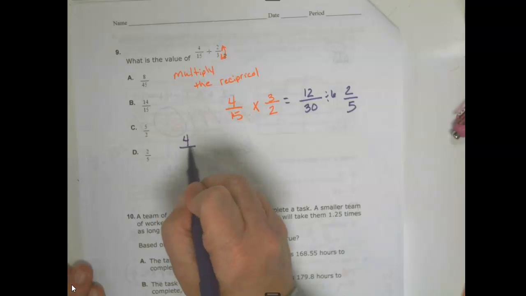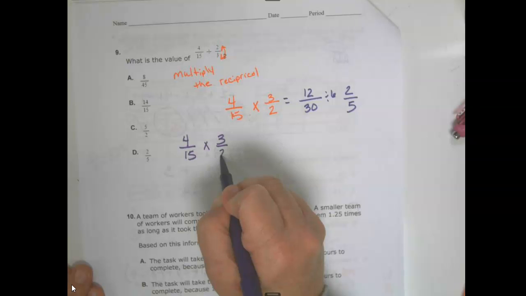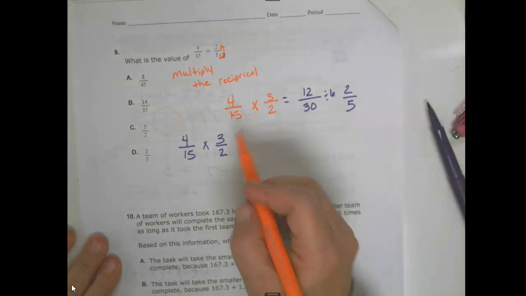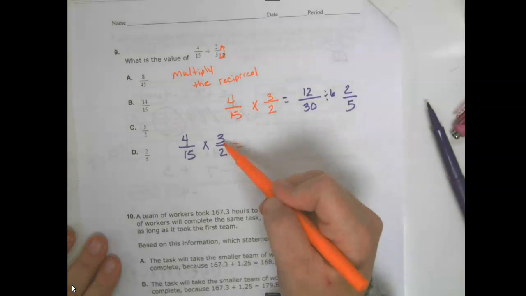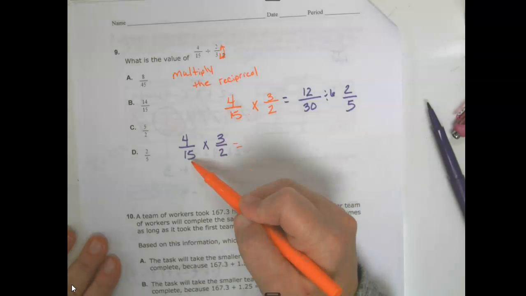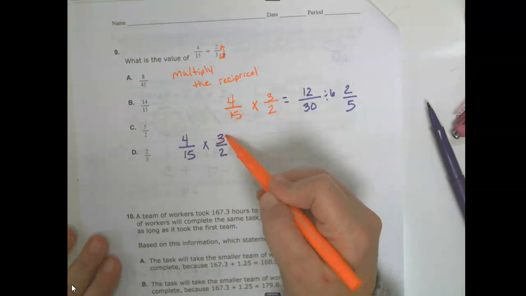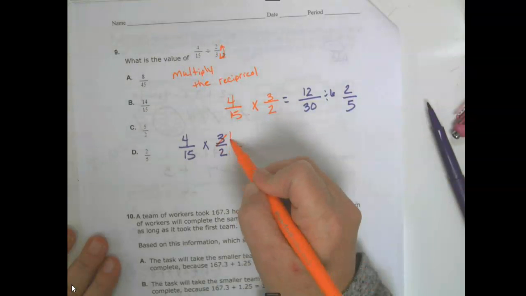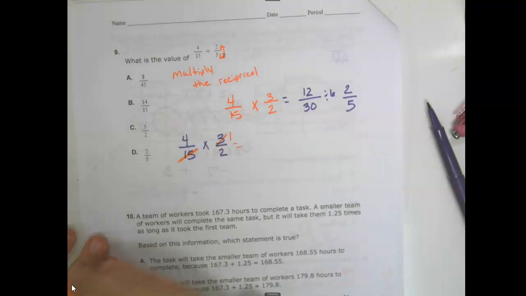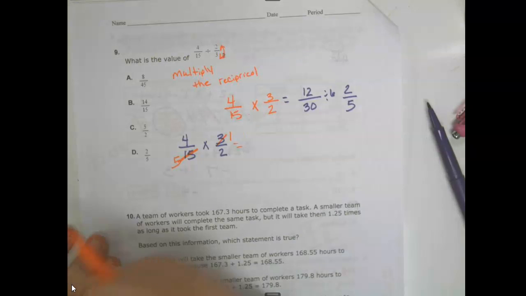Another way is to kind of simplify beforehand. Okay, so you can also look across. 3 and 15. What can I divide 3 and 15 both by? I can divide both by 3. 3 divided by 3 is 1. 15 divided by 3 is 5.